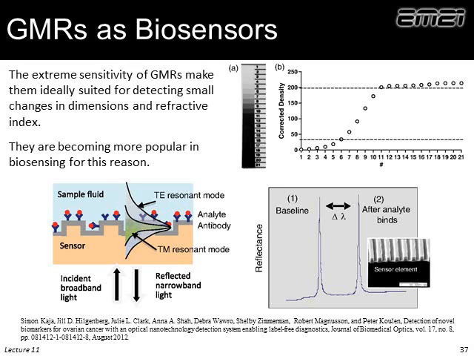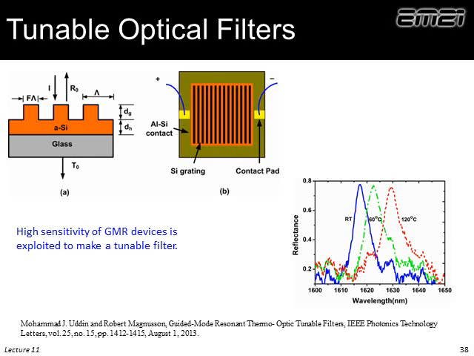We can attach chemistry to these things that detect different chemicals or organic compounds, and they work very well for that. We can also exploit their sensitivity and make tunable filters. So we can use heat to tune the spectral response of a guided mode resonance filter.